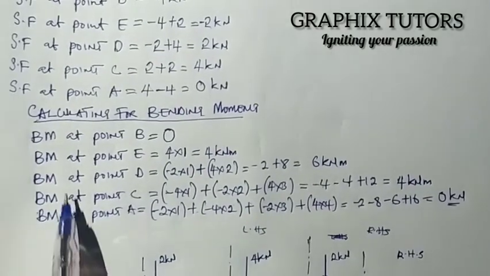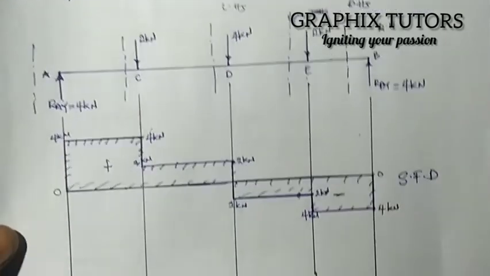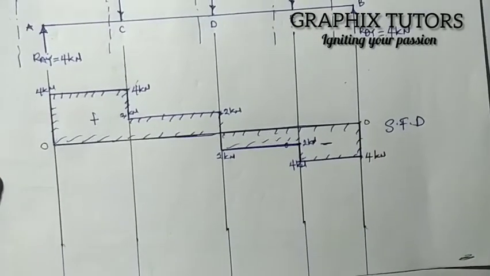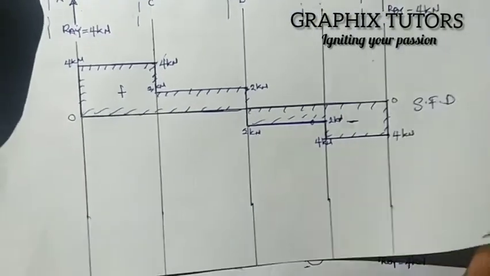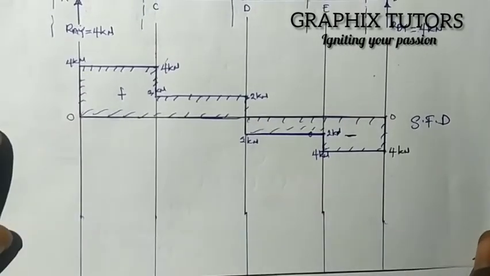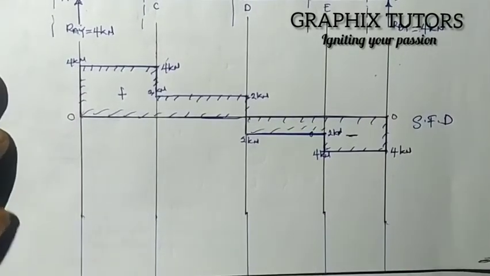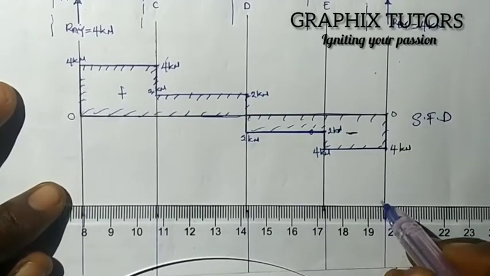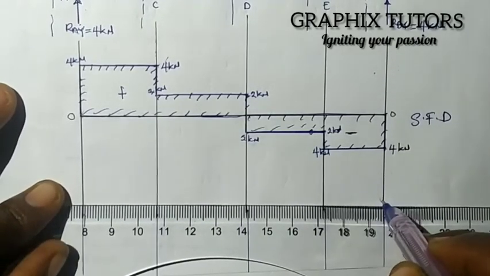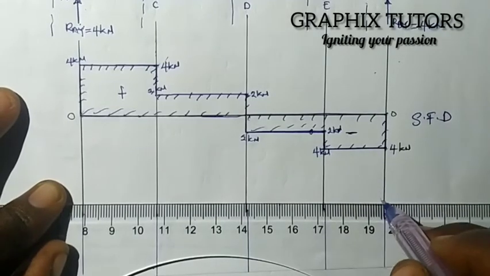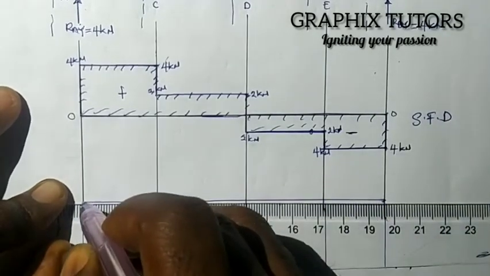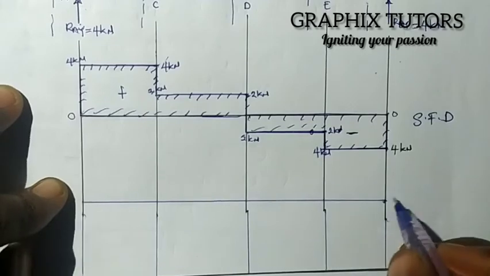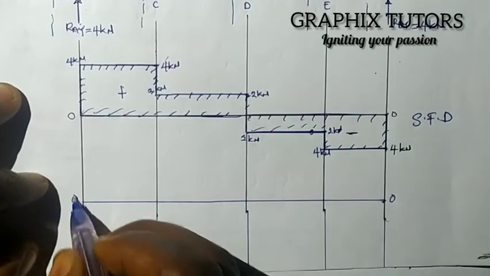If you look now, you go to the same diagram just below the shear force diagram. You are going to draw a straight line from here to this point, right? So that point will be 0.